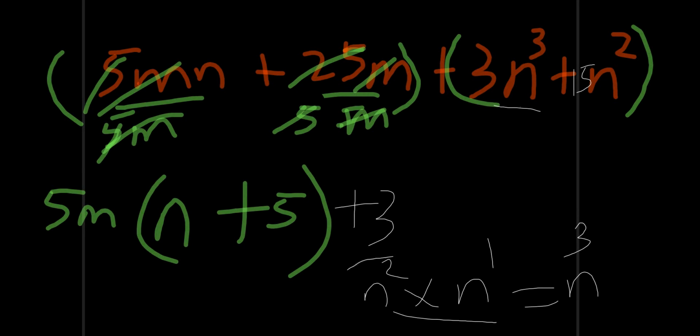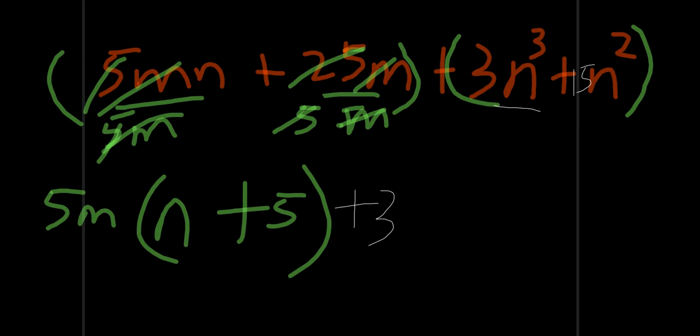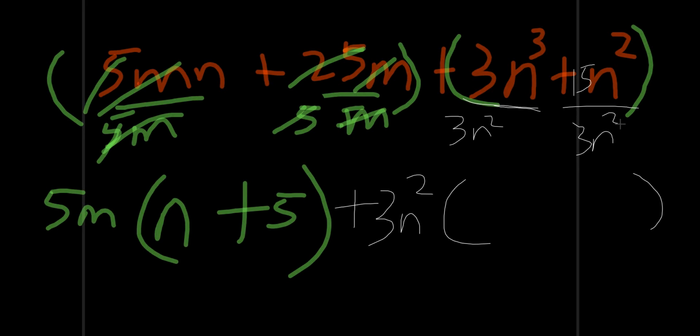Since there is an n square in this n raised to the third, and we also have an n square here, the highest common factor in terms of a variable and its exponent would be n square. So we take that highest common factor and divide it into the terms inside the bracket.